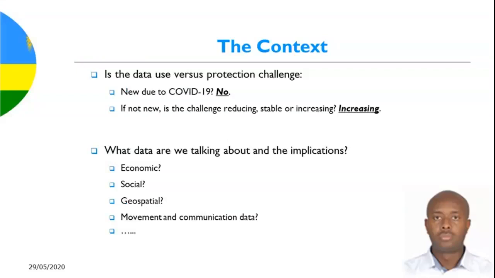And we also ask ourselves, is it a stable thing? Is the challenge increasing? And honestly, I think the challenge between data use and protection and confidentiality has always been there, and it's increasing, and it will only increase further with time. COVID-19 is just one example that is showing us that we need to do something about it seriously.